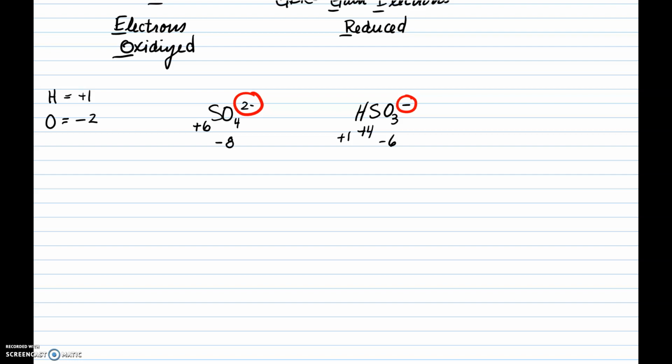So what's happening here is this is just a way of showing that you're going from a more reduced state to a more oxidized state with the sulfurs, and giving up 2 electrons.